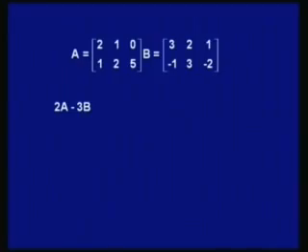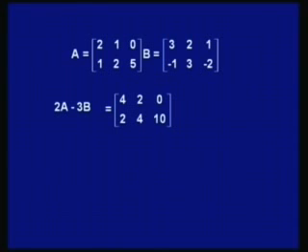So we have addition of two matrices and we have multiplication by a scalar. Now I take another example where I consider A as a 2 by 3 matrix and B as this 2 by 3 matrix, then 2A minus 3B. 2A is a matrix obtained by multiplying every element of the matrix A by 2, that is 2A is 4, 2, 0, 2, 4 and 10.